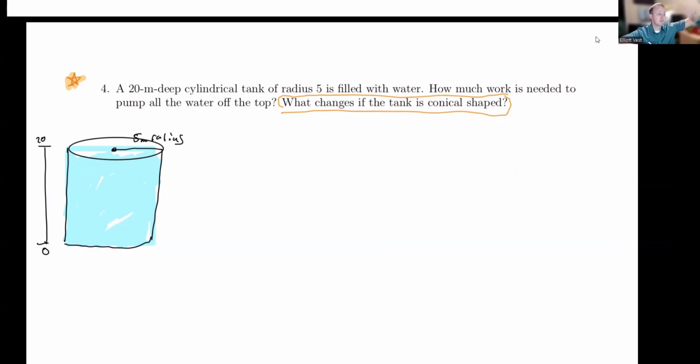Now, how much work is needed to pump the water off the top? Well, again, similar to the chain problem, pumping deeper water requires more work.